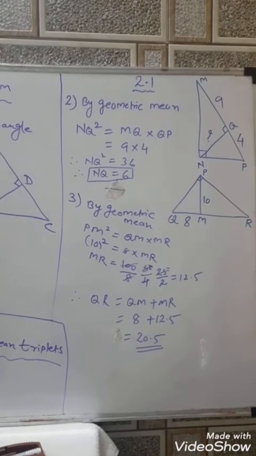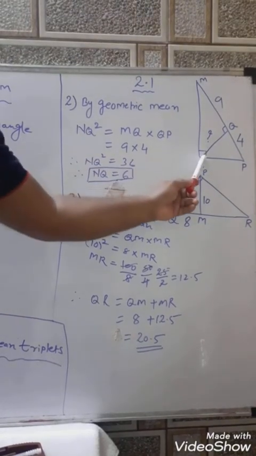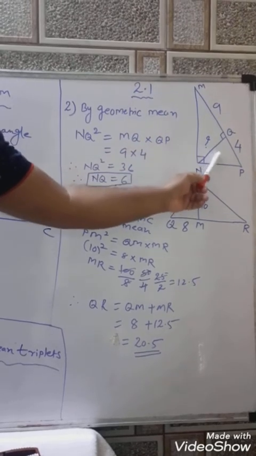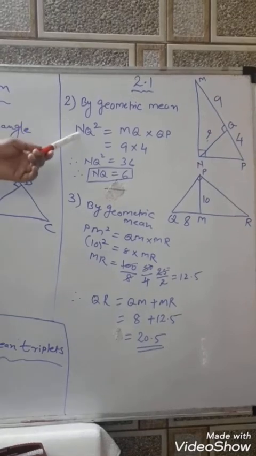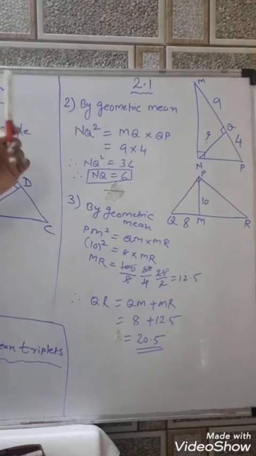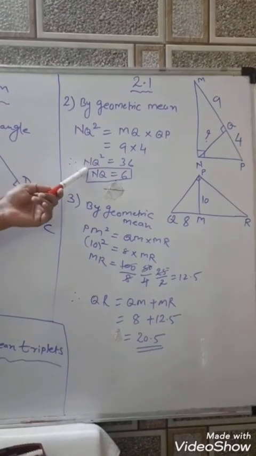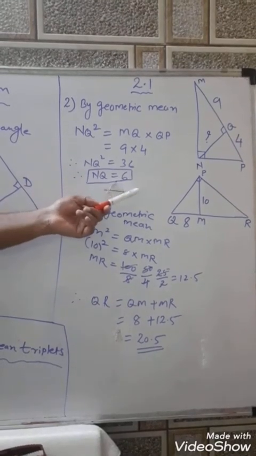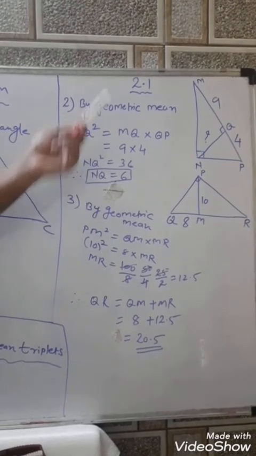As we have seen, the line which divides the opposite side in two parts is known as the geometric mean. So here NQ square equals MQ into QP by the geometric mean. So 9 multiplied by 4 you get 36. So NQ square equals 36, NQ equals 6. So the NQ value you got is 6.